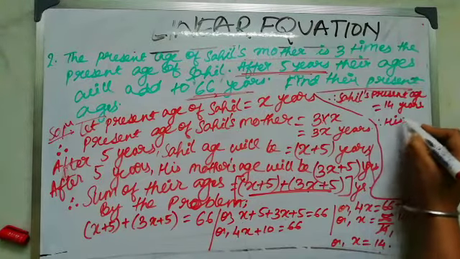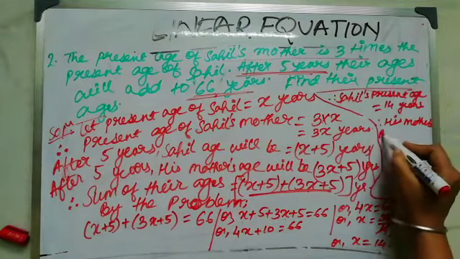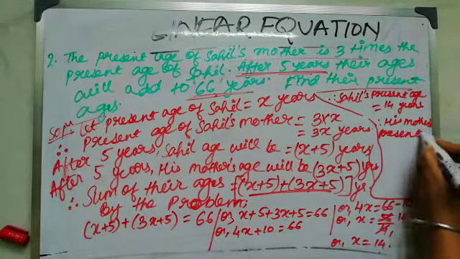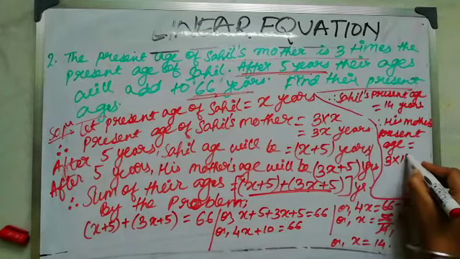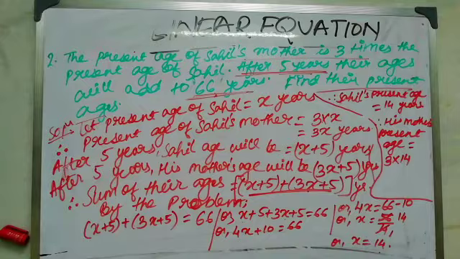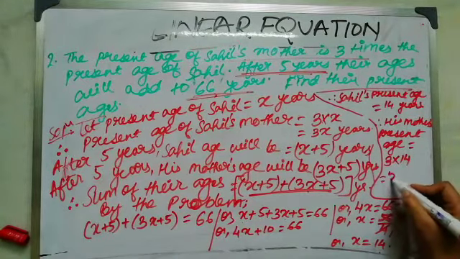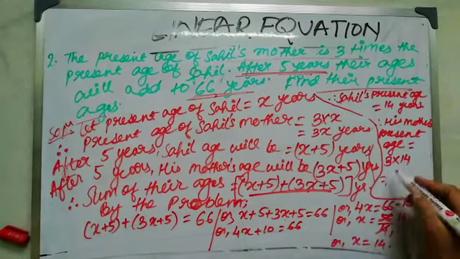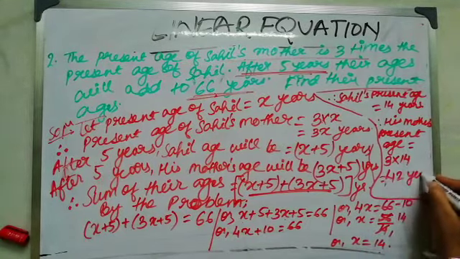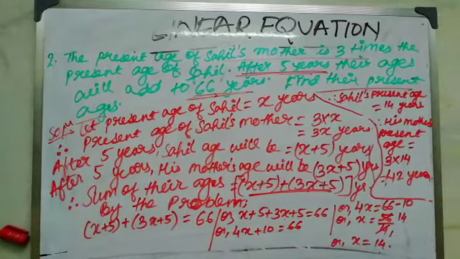Therefore his mother's present age is equal to 3 times his age, which is 3 multiplied by 14, which is 42 years. Hope there is no problem in understanding this.